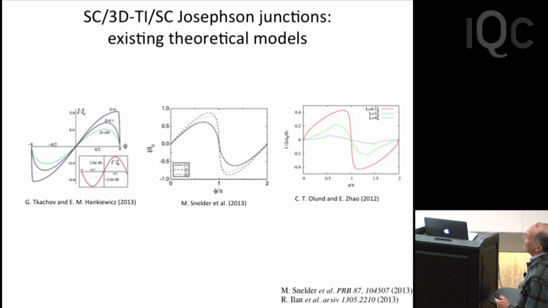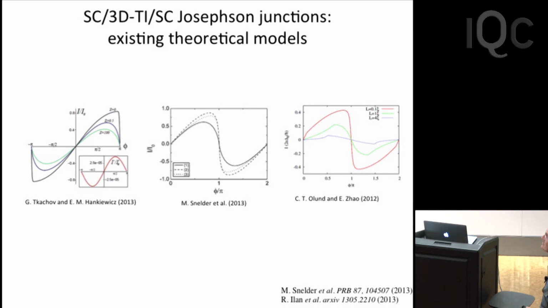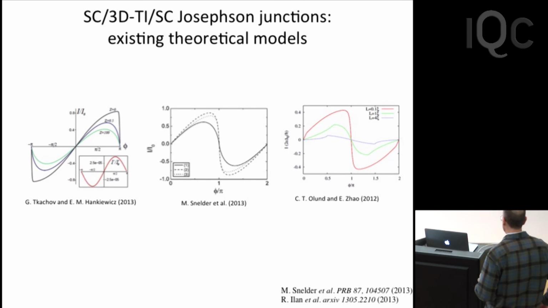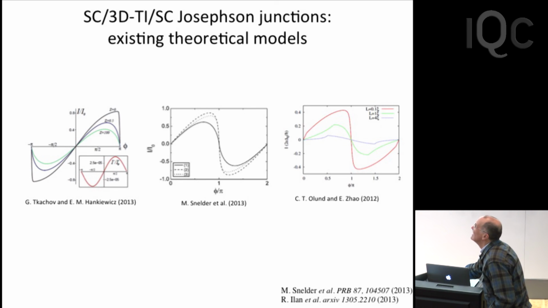And it's fair to say that they all predict a skewed current phase relationship, but it's also fair to say that none of the theories that we've found can model all of the effects that we've seen.